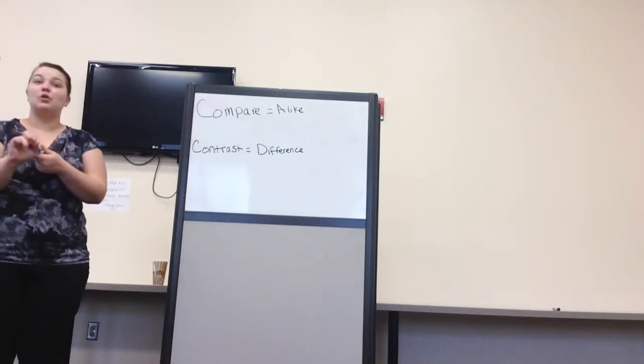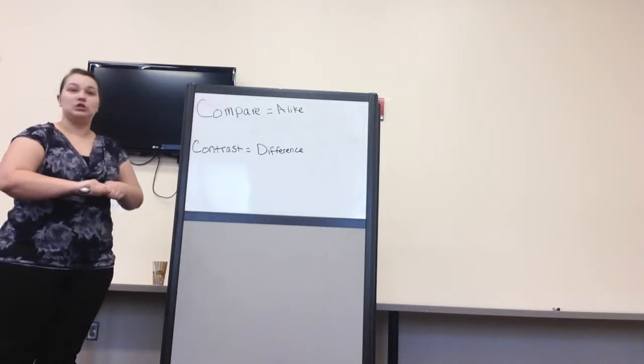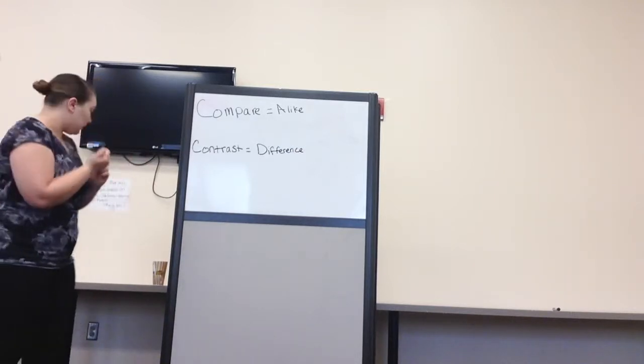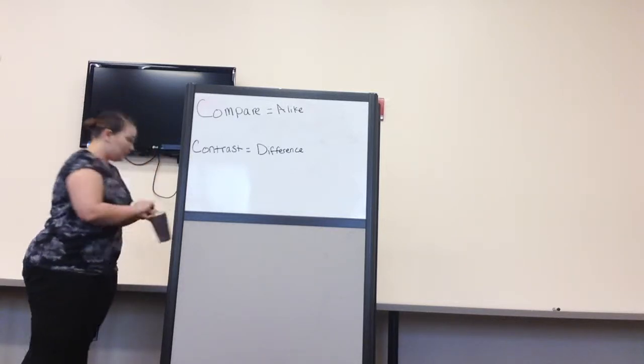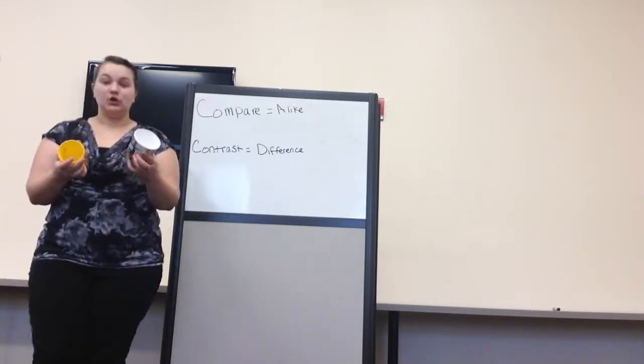Okay, so to show what comparing and contrasting means to the rest of you guys, I'm going to show an example of comparing and contrasting two different cups. This one is short and yellow and it has Eagle's Trail on it, while this one is tall, has multiple colors, and says Southern Miss.